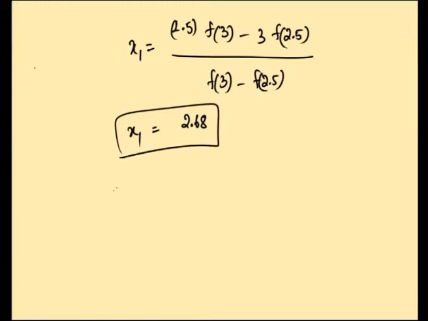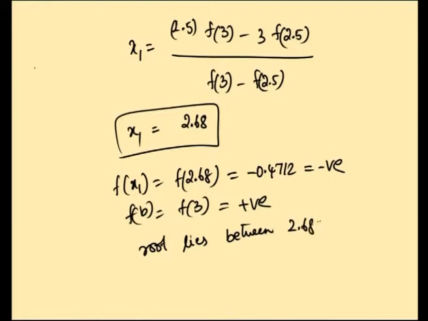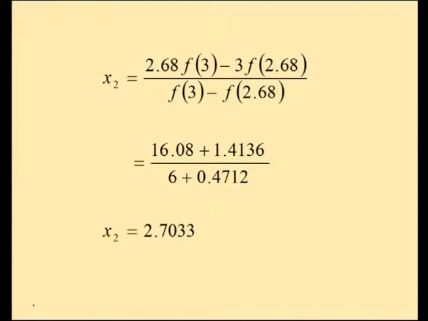So x1 is 2.68 and f of x1 is equal to f of 2.68, which comes to minus 0.4712, which is negative, and already you have f of b, f of 3, positive. So the root lies between 2.68 and 3.